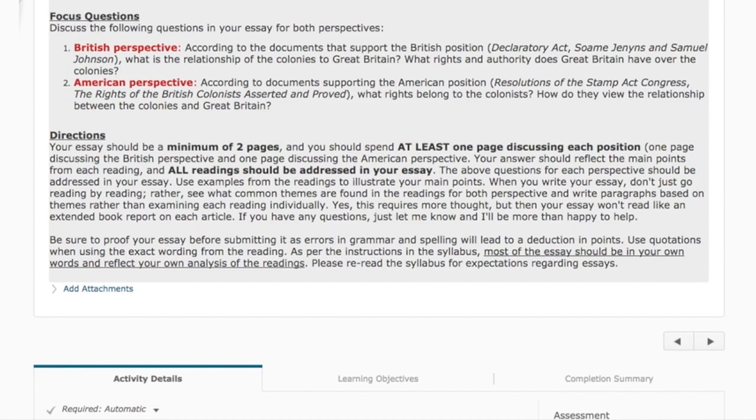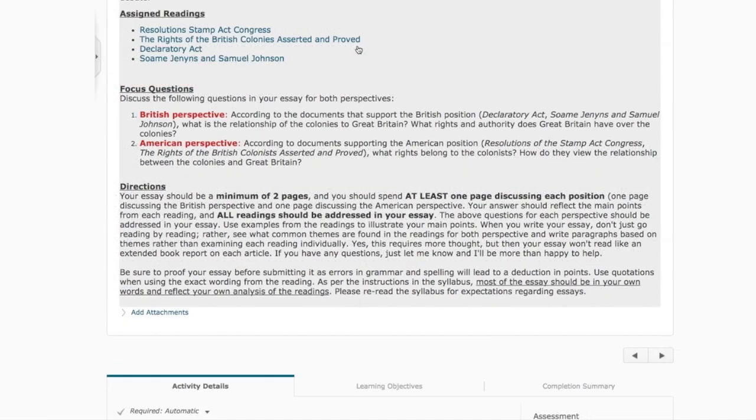So the ideas of both sides should form the core of your paragraph organization, and you should use all the articles to represent the differing positions of the colonies and the British on those particular arguments.